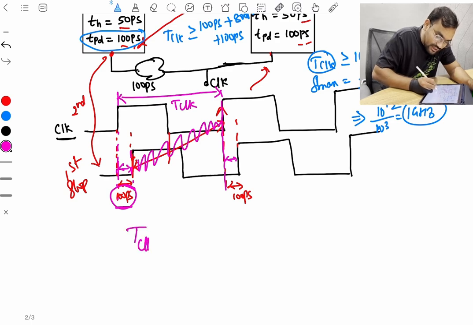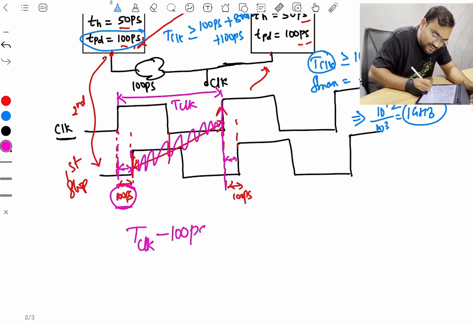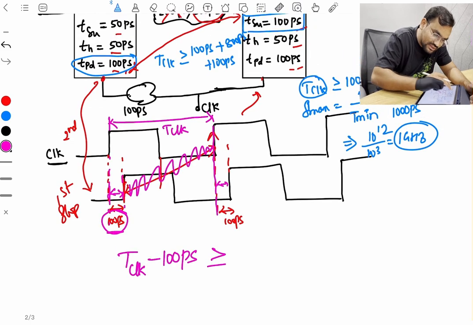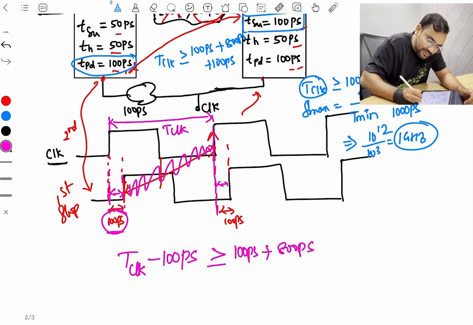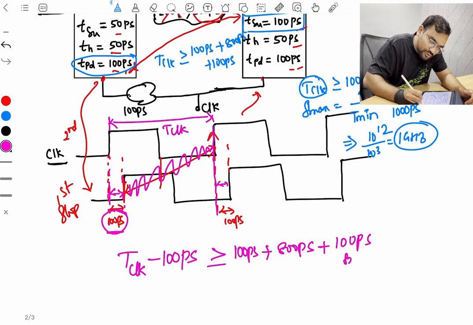So it's like T clock minus 100 picoseconds should be greater than or equal to the same: 100 picoseconds of propagation delay plus the max of 800 picoseconds plus the setup time of 100 picoseconds of flip-flop 2 here.